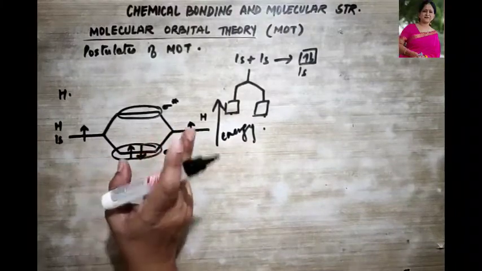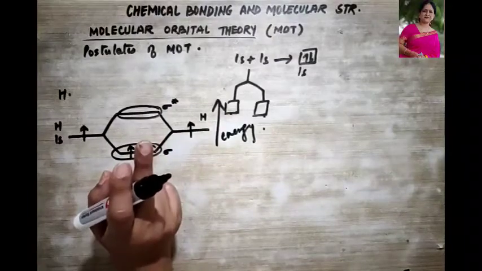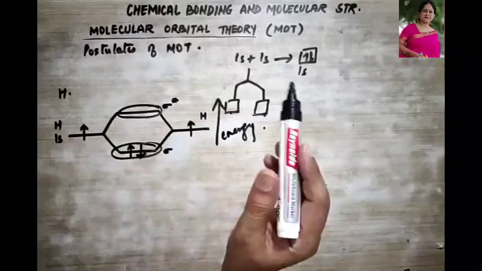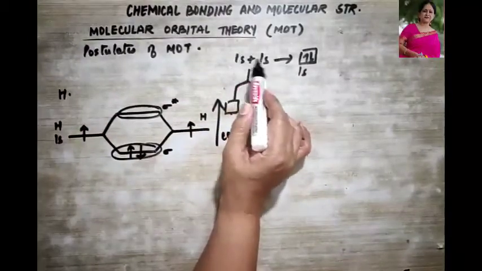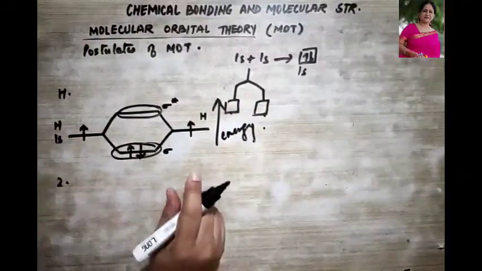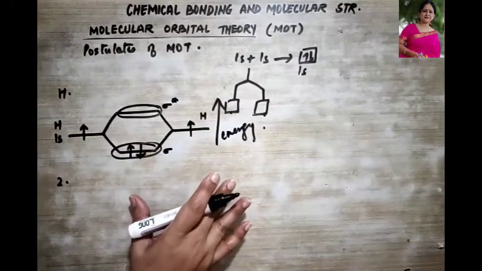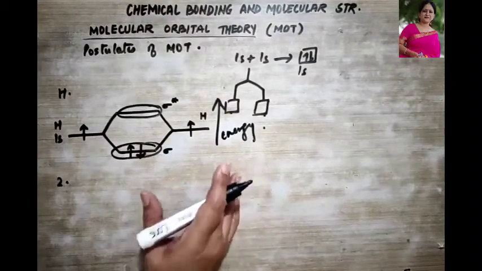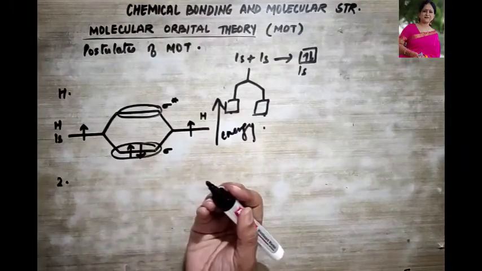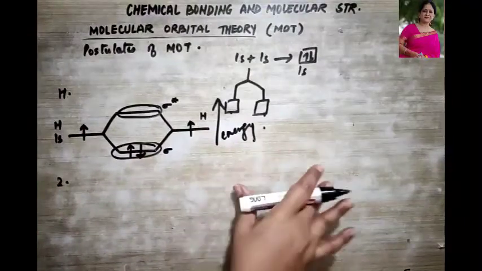Now, as I had said, the filling of electrons in the molecular orbitals always follows certain principles. What were they? The Aufbau principle, Hund's rule, and Pauli's exclusion principle. This I was talking about when two similar atoms were combining. The second important point that you need to remember is that combining atomic orbitals must have the same or nearly the same energy, and the same shape. For example, S will always overlap with S. S will never overlap with a P orbital.